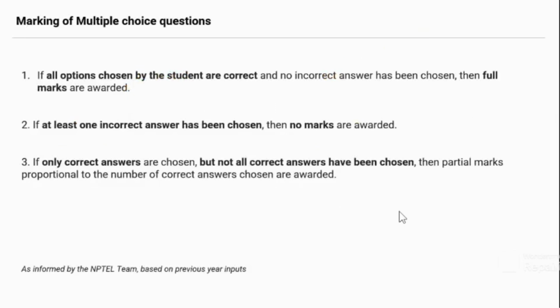Now, marking of multiple choice questions. This is pertaining to the week-wise assignments which you get. I would request all of you to please take a moment to read points 1, 2, and 3. Just take 2 minutes to read it, and then we'll try to understand what we mean by it. Okay. Just read it.